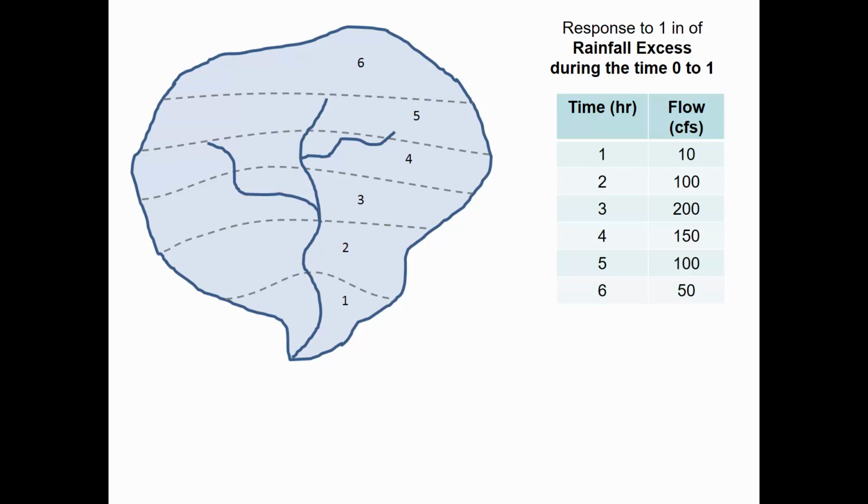Now, why would it be bigger than it was at 1? Because the rain has stopped by now. The rain is only going from 0 to 1. So what we're seeing is at time 1, which is the instant that the rainfall stops, the flow rate is 10 CFS. So why is it higher at time 2? If the rain stopped, why are we seeing more flow?